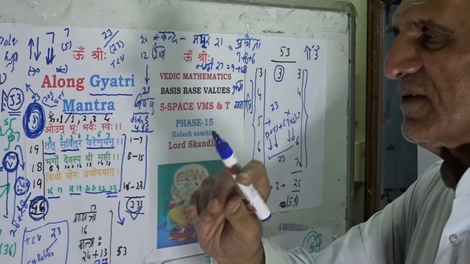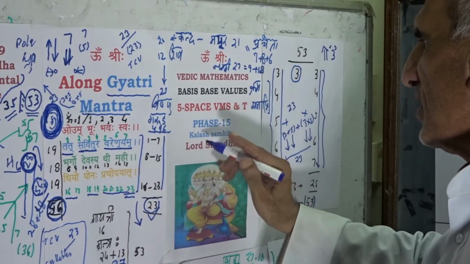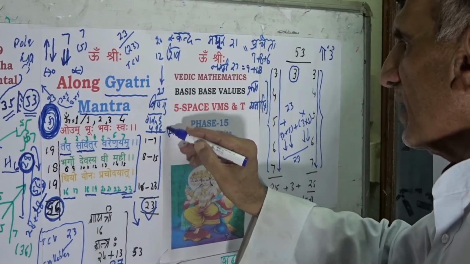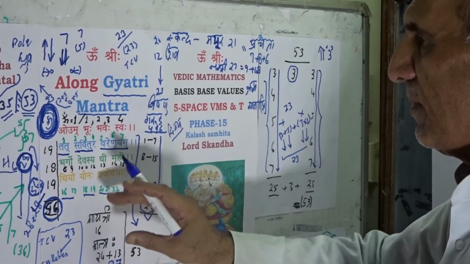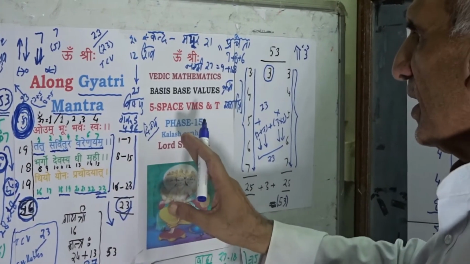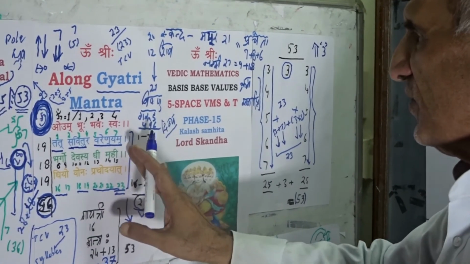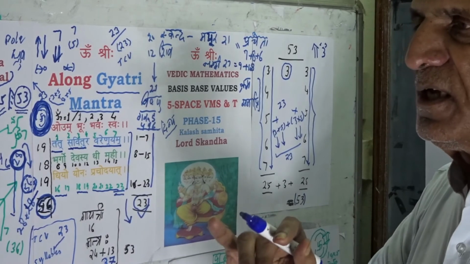Previously, the basic were Dive Ank, the transcendental numbers, for 5 space VMST. Now we will be working with the syllables, akshar. It is this change which is going to lead to transition.